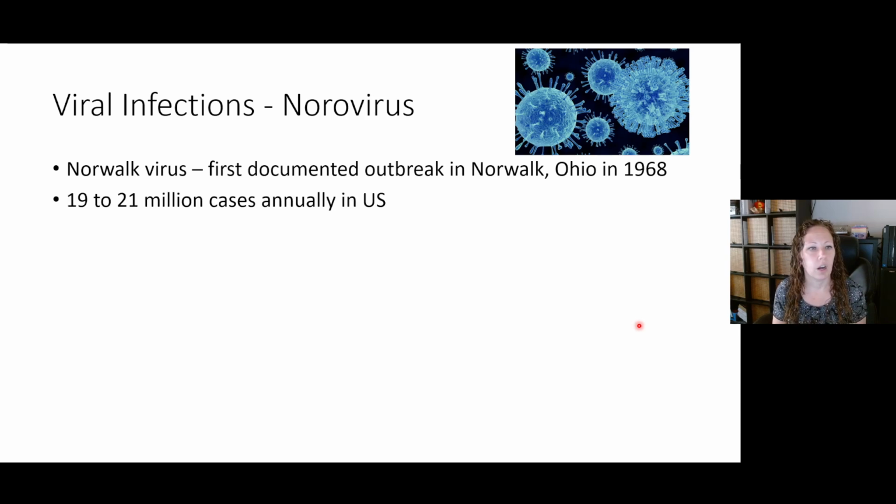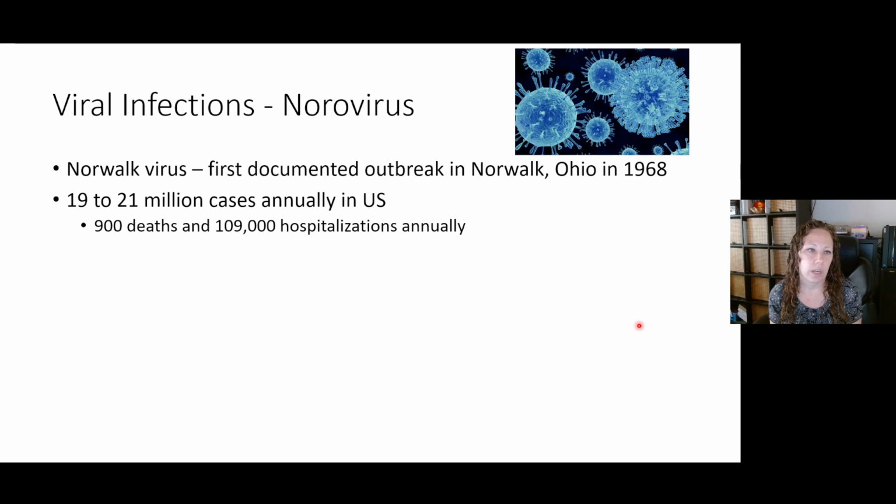Okay, there are 19 to 21 million cases annually. So this is by far the most common foodborne illness. There are 900 deaths and 109 hospitalizations annually. Most of these deaths and hospitalizations are in the very elderly, whose bodies just can't take this kind of illness.